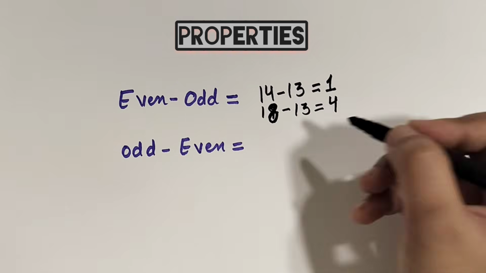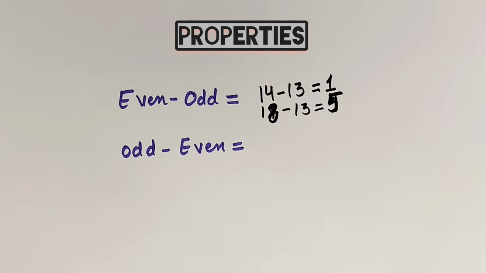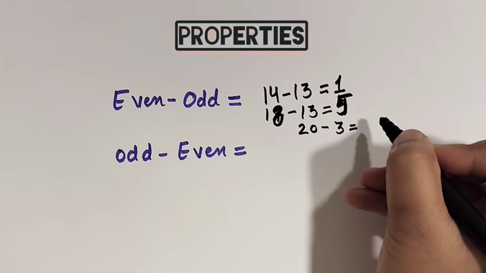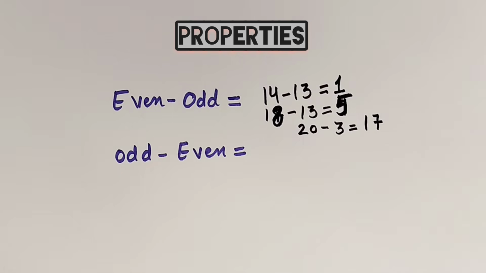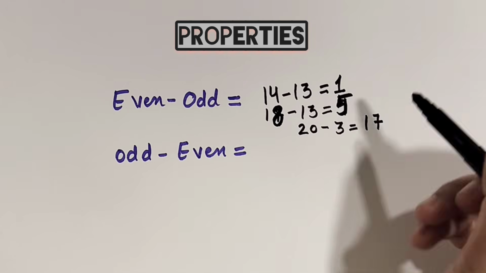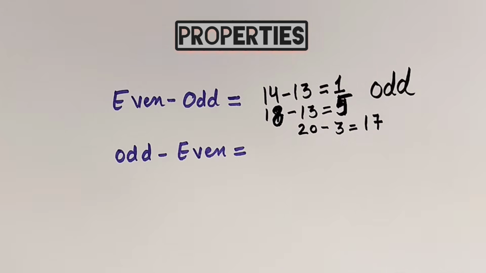So it's 18 minus 13. So it's 5 here. 20 minus 3 would be 17 here. So you can see that when we subtract odd number from an even number, we get an odd number here. So the result of subtracting odd number from even number is an odd number.